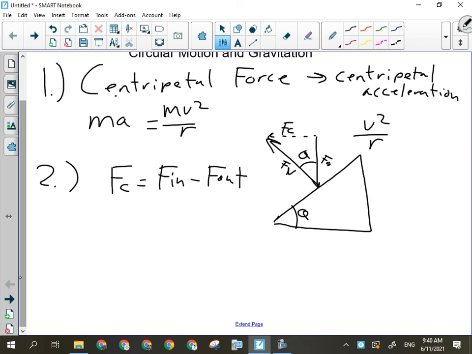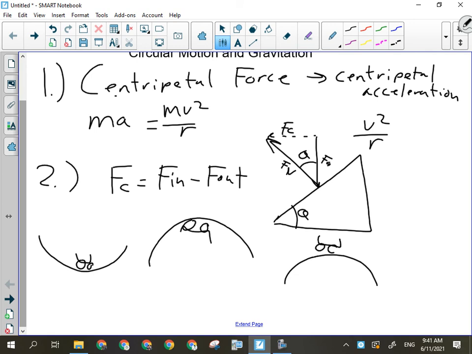How many positions on a vertical circle did we talk about in class? 3. Those 3 were bottom of the circle on the inside, top of the circle on the inside, top of the circle on the outside.